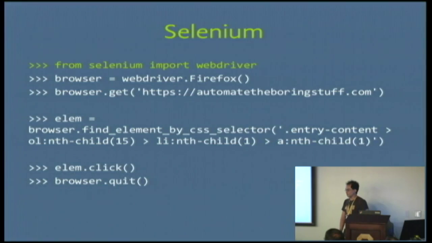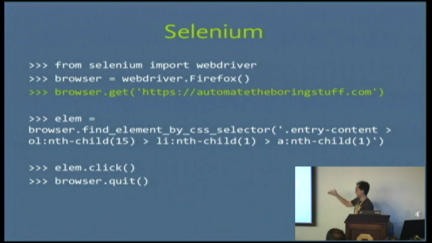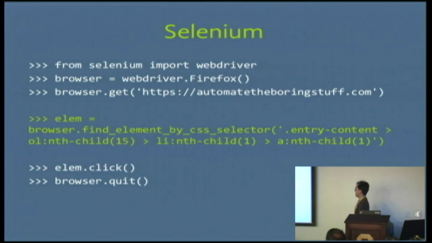So you import it, just like any other module. It has this WebDriver.Firefox function, and this will actually literally pop up Firefox on your screen. And then from there, you can just call the browser's get method to direct it to some website. This is a little scary looking, but basically, if you've ever used CSS, you're probably familiar with selector syntax. And if not, then I'll just go over a way that you can cheat and have the browser come up with these selector strings for you.